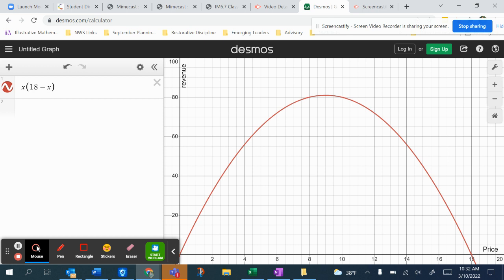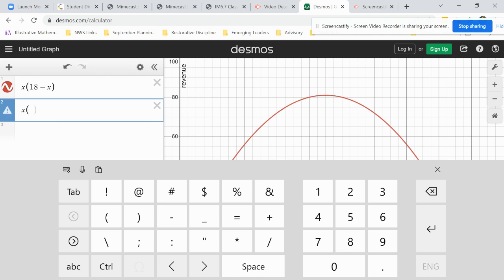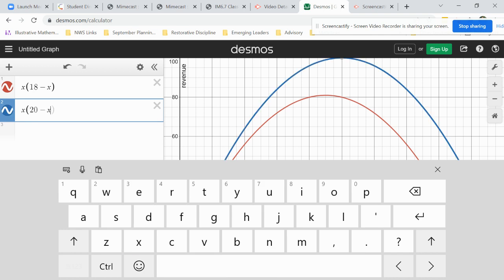Okay, cool. So we're in Desmos now. This red graph here is the original function, x times 18 minus x. We're going to do another one: x times 20 minus x.